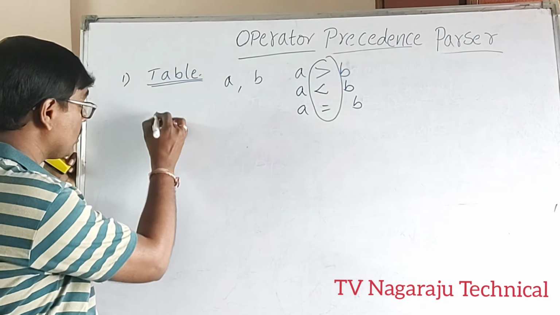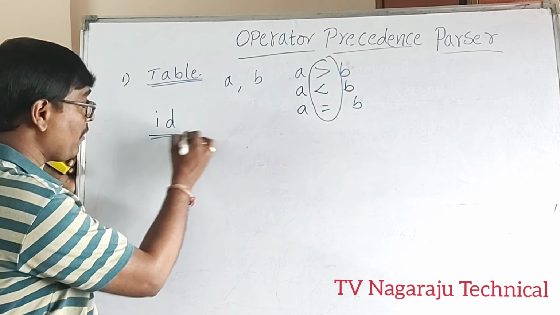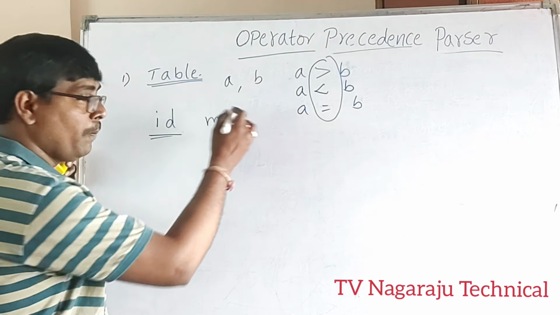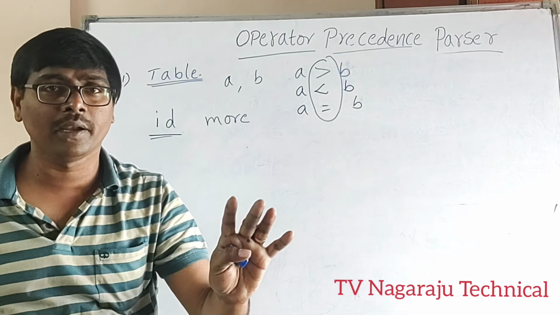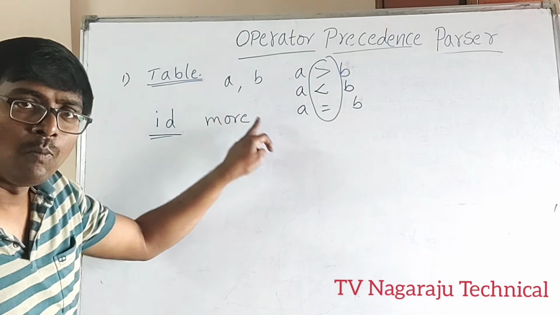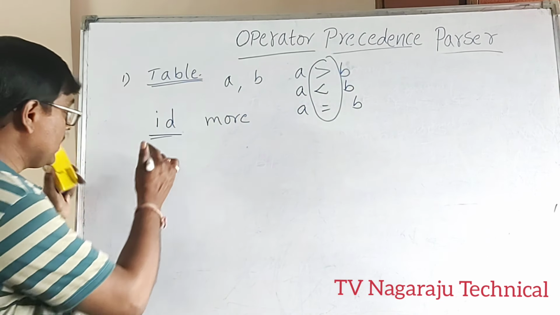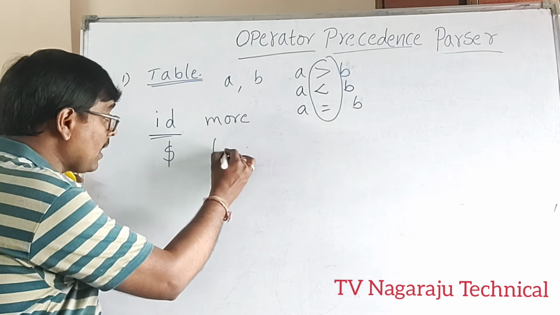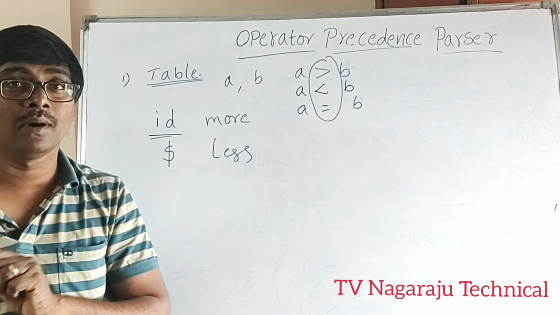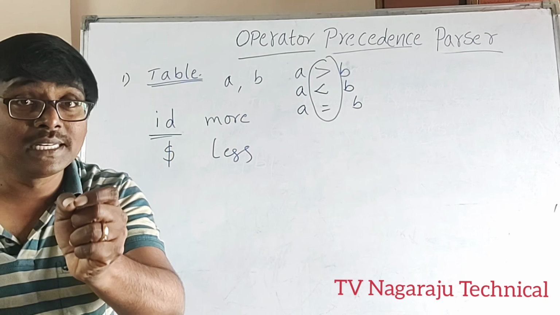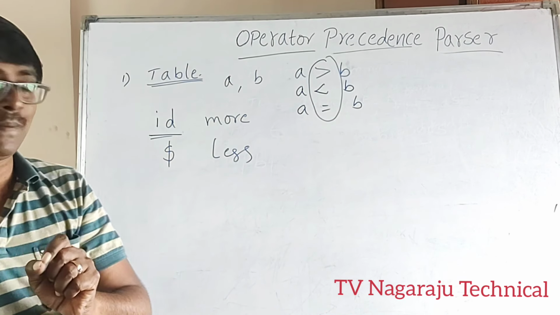And one more thing is, an identifier has more precedence than any other terminal or any other operator. Remember, at the same time, dollar has less precedence than any other symbol.